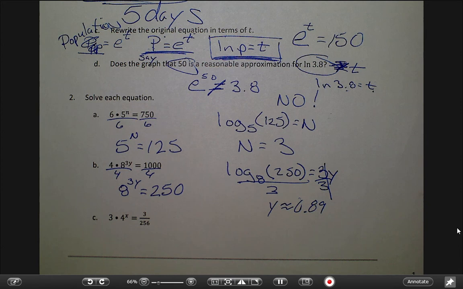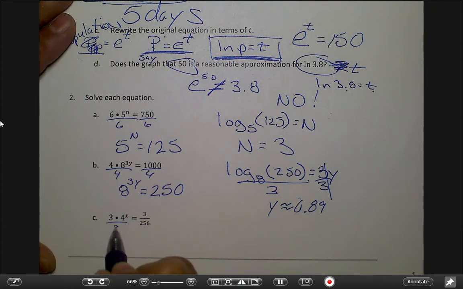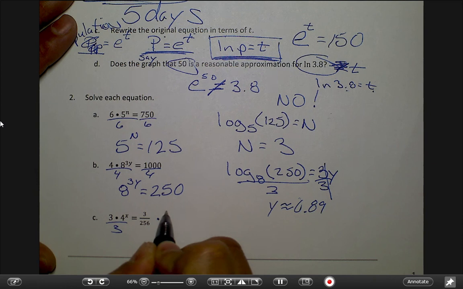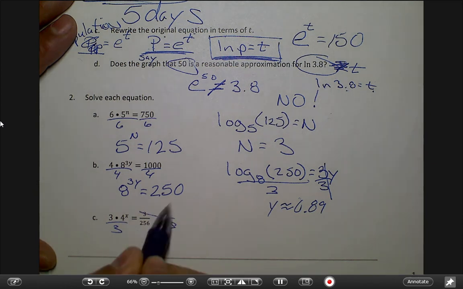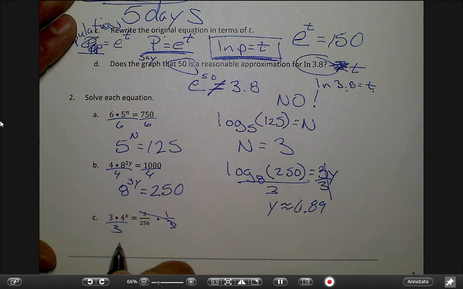All right, so, okay, I'm sorry I didn't make it around to everyone. Okay, divide both sides by 3. So over here, if I divide by 3, same as multiplying by 1 over 3, this will cancel and give me 1 over 256. So 4 to the x is equal to 1 over 256.